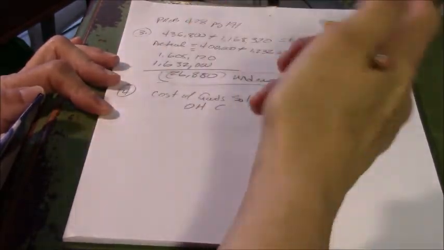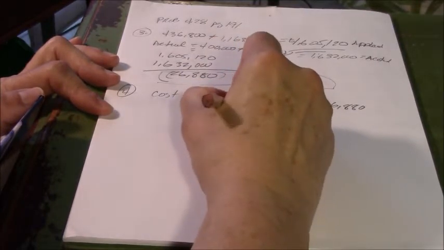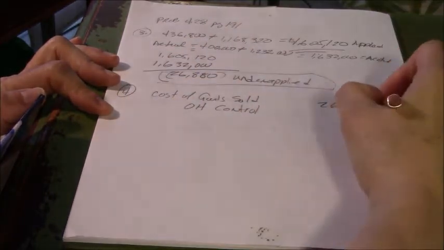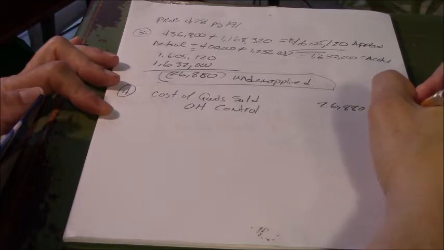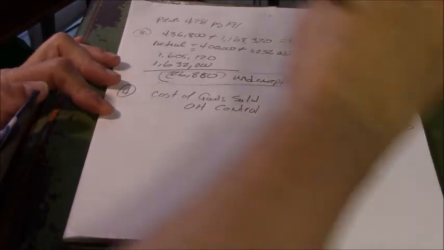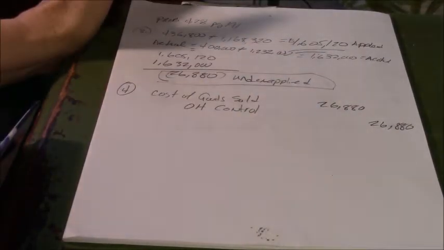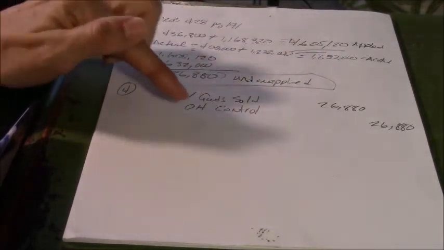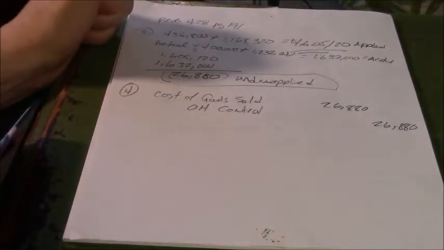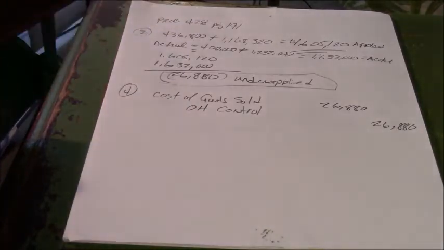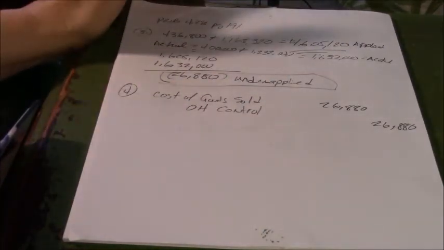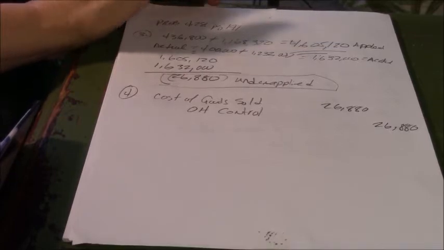That's where things are going. So we'll just credit that overhead account, 26,880. All right. So in other words, this should have happened a while back. Well, not this. It should have gone from overhead control to finished goods, but it didn't. So we'll just take it out of overhead control and put it in cost of goods sold. So that's that transaction. Great.